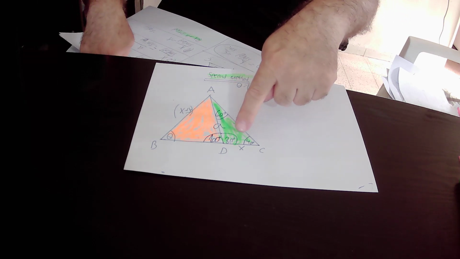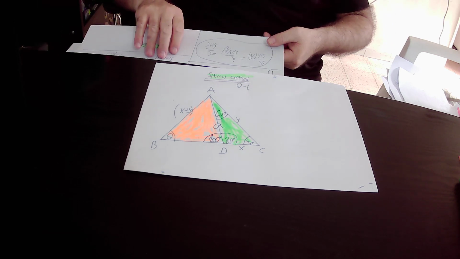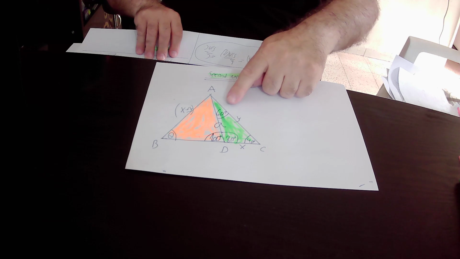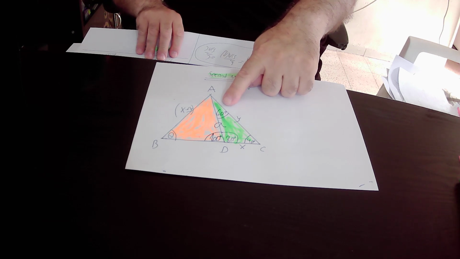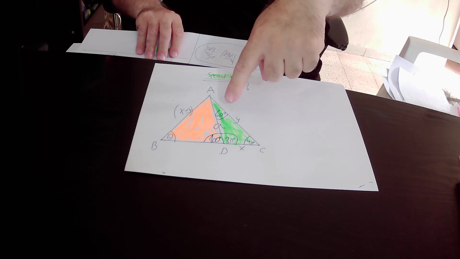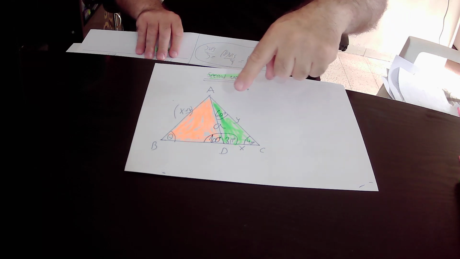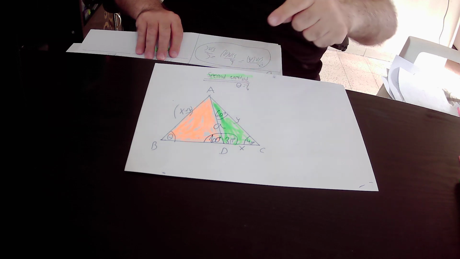This angle equals 40 degrees, this angle equals 80 degrees. 40 degrees plus 80 degrees is 120 degrees, so this angle must be equal to 60 degrees, in order to complete the sum of the angles in triangle ADC to 180 degrees, because 120 degrees plus 60 degrees equals 180 degrees. Okay, then we defined side AD as a.